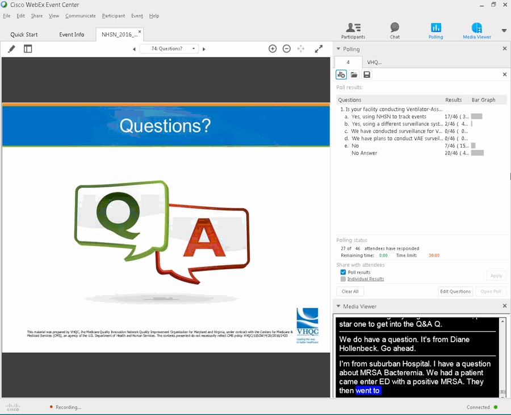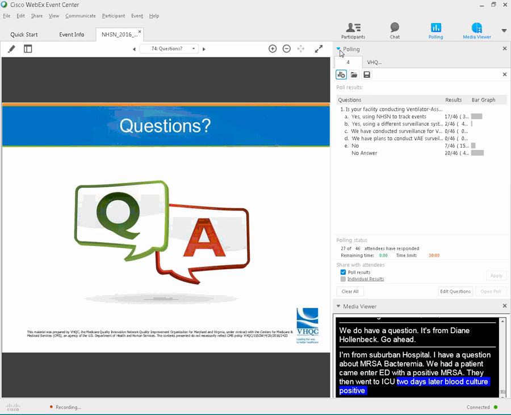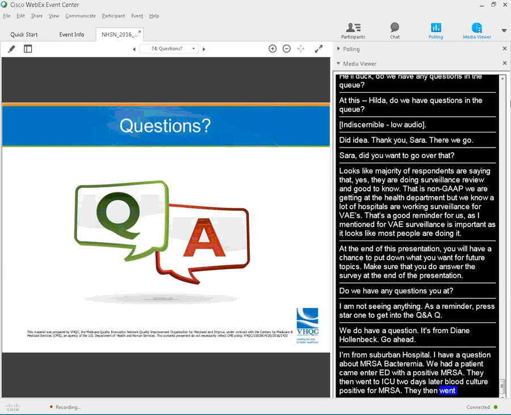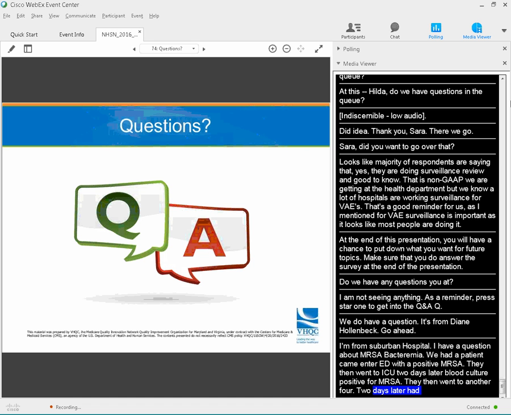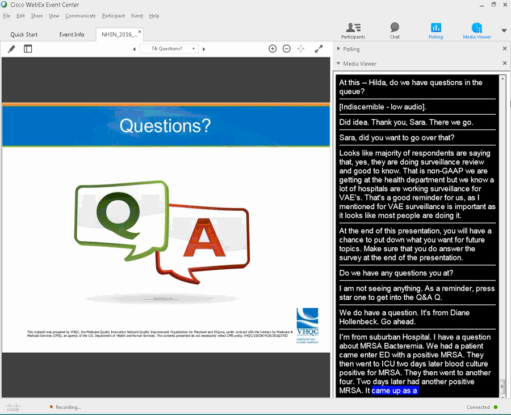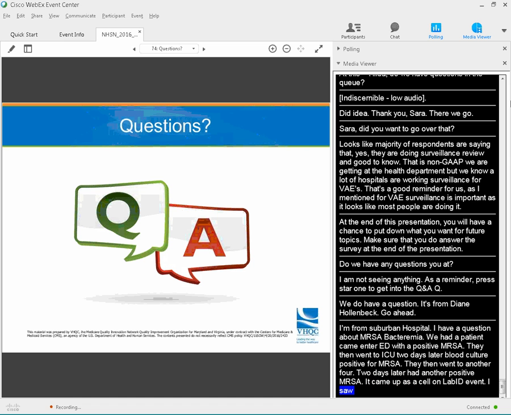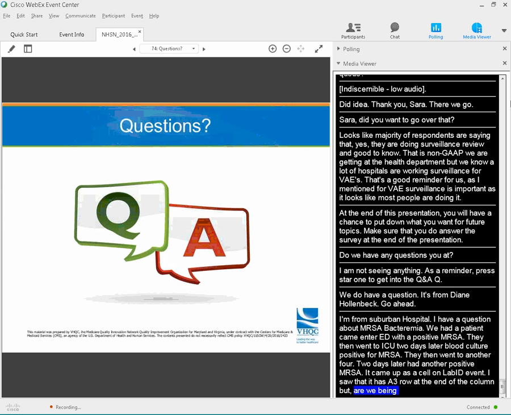Then they went to another floor, and 2 days later, again had a positive MRSA, but it came up as an HO on the lab ID events. Now, I saw it has a 0 at the end of the column, but are we being dinged for that? I'm not quite sure why it comes up as an HO. It was done within 14 days, although it was done on a different floor.